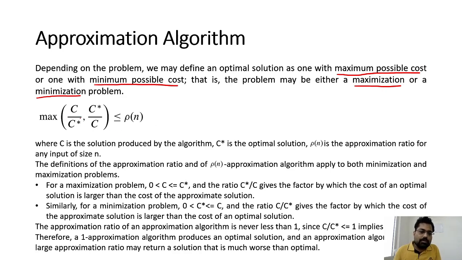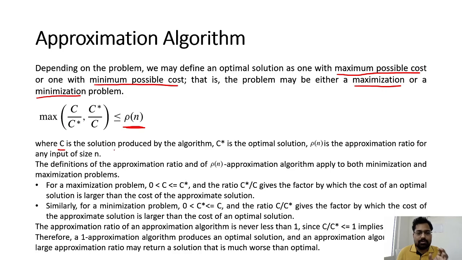Okay, so there is a formula where we say maximum, a max function, of c by c star comma c star by c. Whatever maximum you get, it must be less than or equal to rho of n. What is rho and what is this, we are going to discuss now.